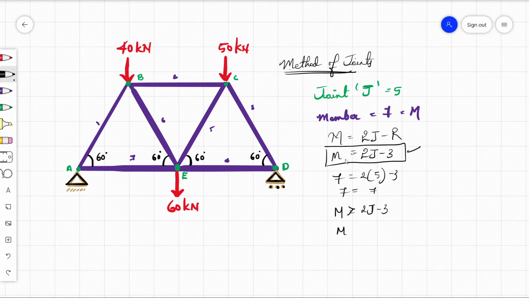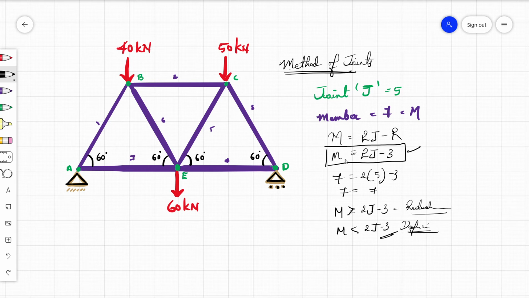The moment M is less than 2J minus 3, we call it deficient. There is a deficiency of one member or two members depending on the number. This is redundant because we have extra.